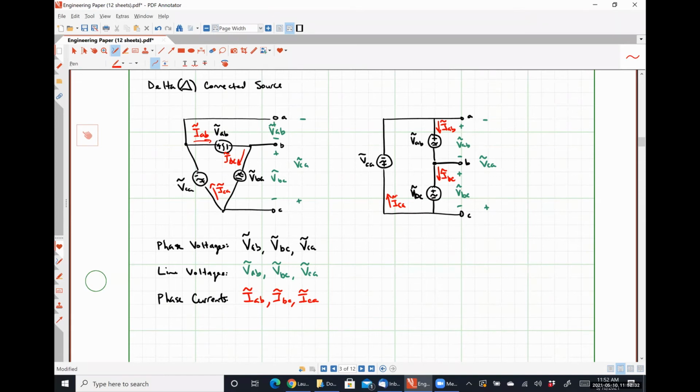All right. So these are our two different source options for a three-phase system. So now we need to talk about the two different load options, which are the delta connected load and the Y connected load.